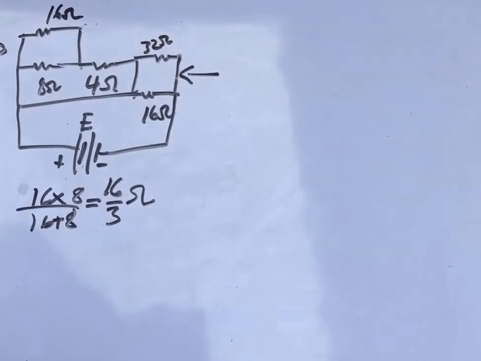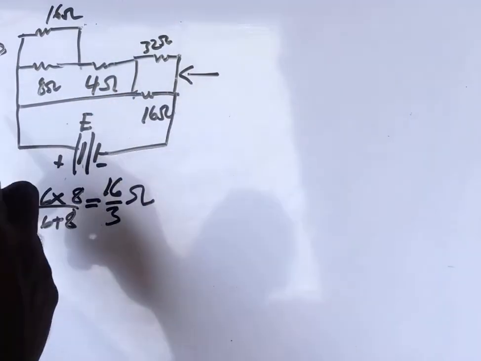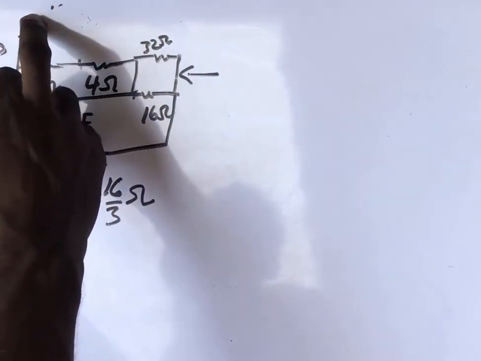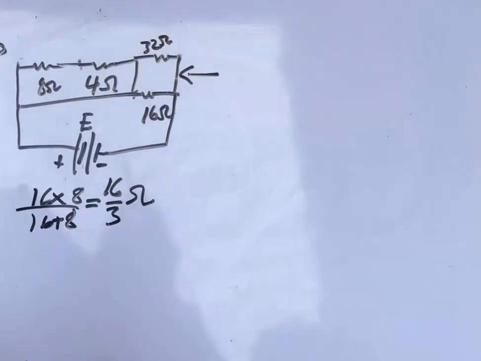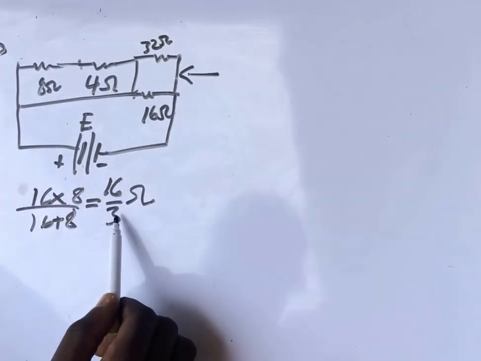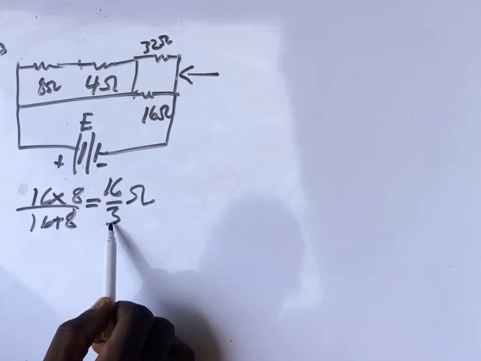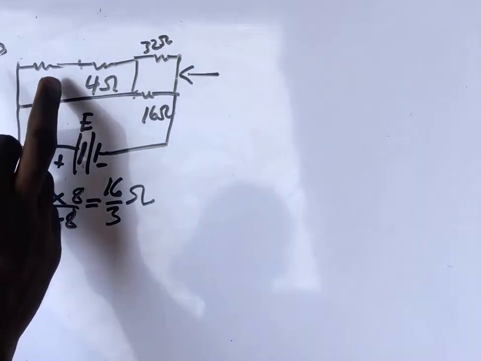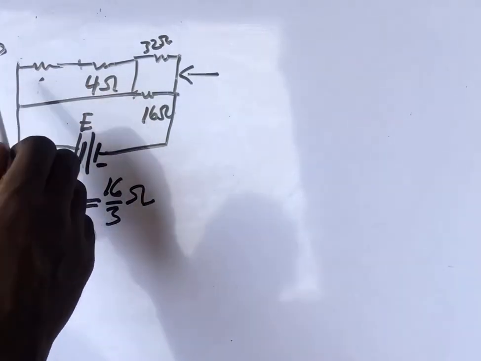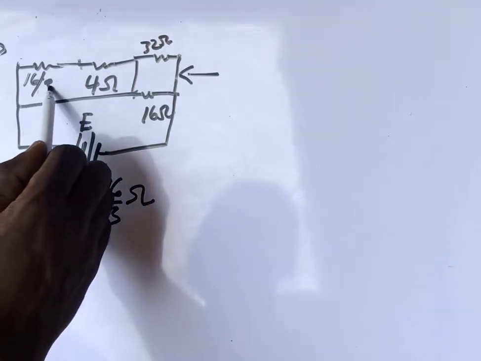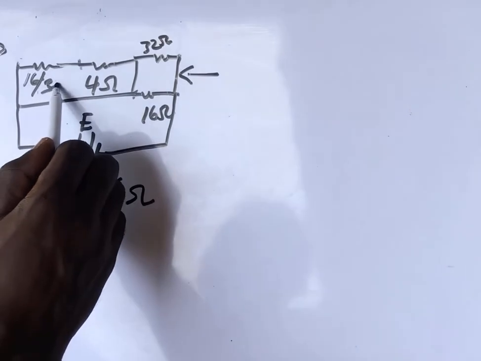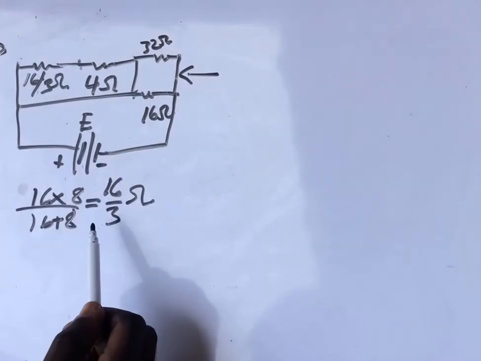In case you remember short and open circuits, a short circuit has no resistance on it. So this 16 on 3 could be represented by this resistor.